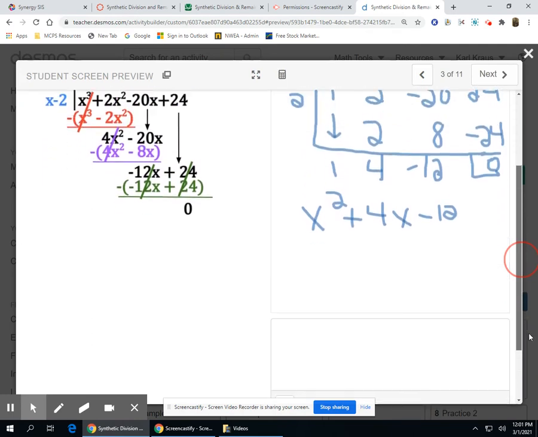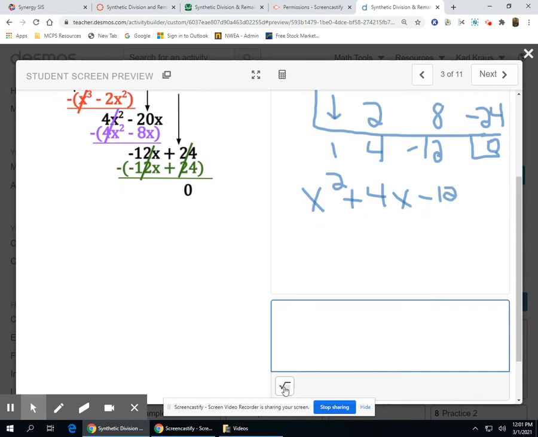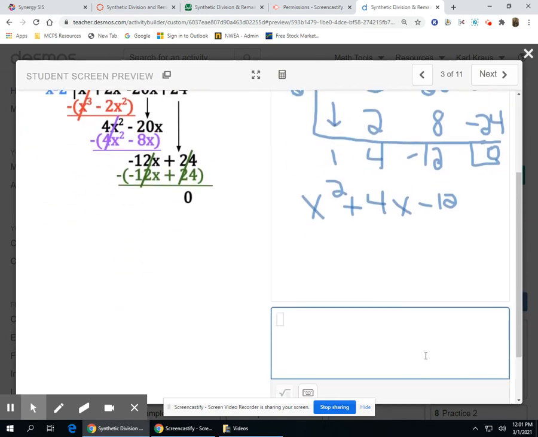And if we wanted to put the polynomial in factored form, x cubed plus 2x squared minus 20x plus 24 equals x minus 2 times x squared plus 4x minus 12.